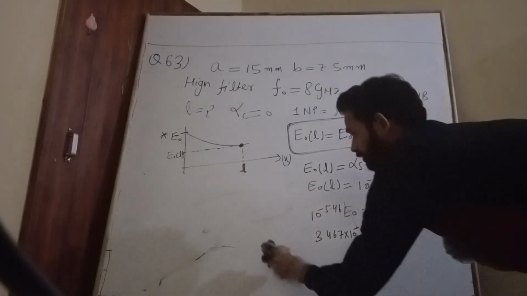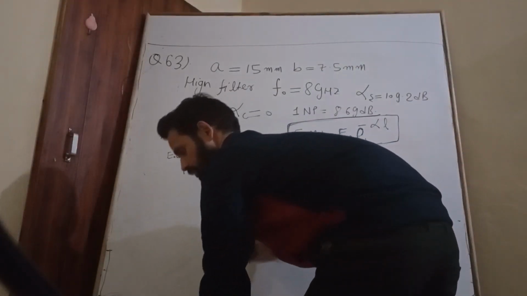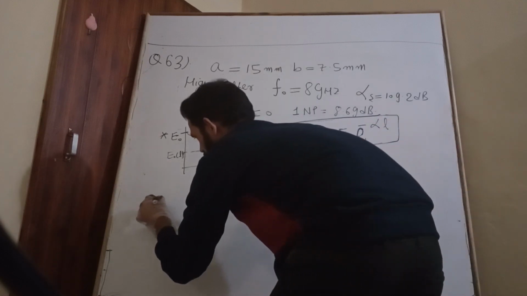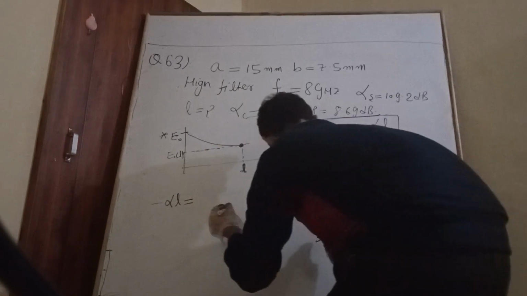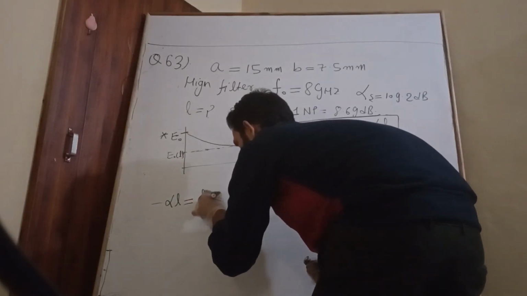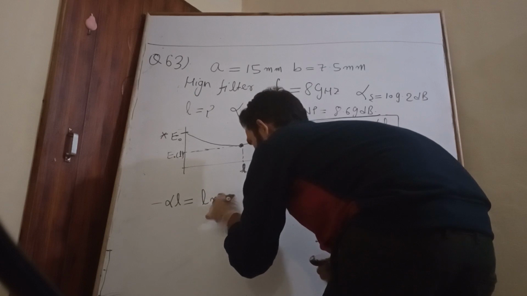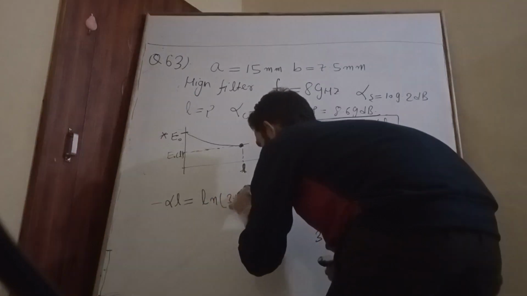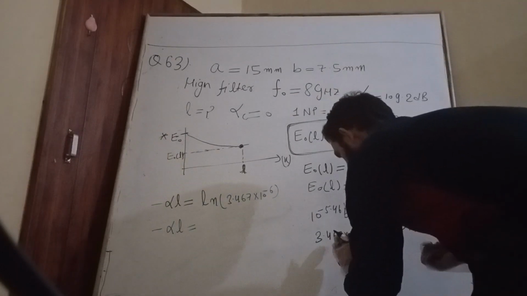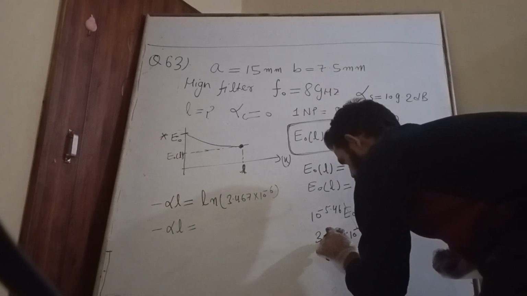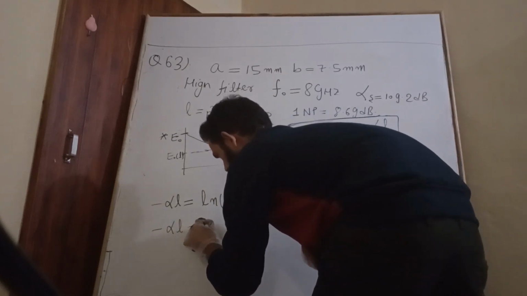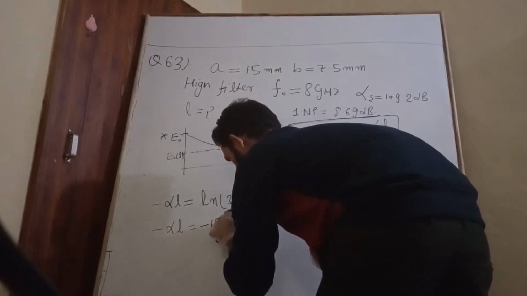Minus alpha L is equal to ln of 3.467 into 10 to the power minus 6, which comes to minus 12.58.